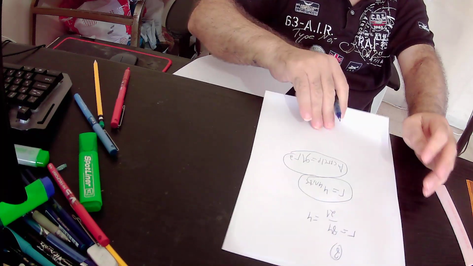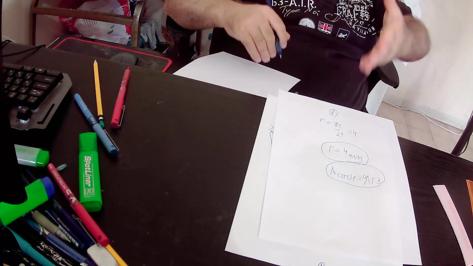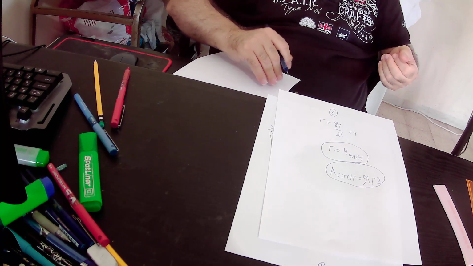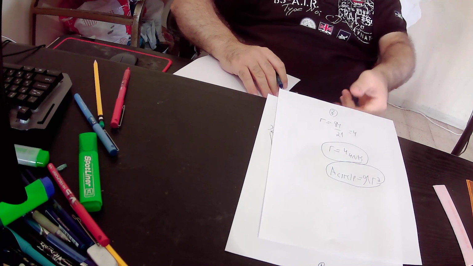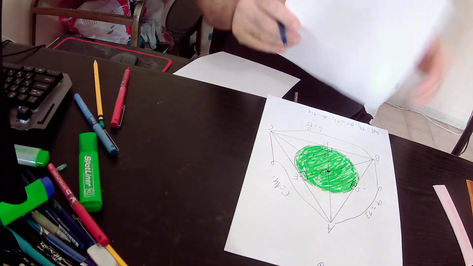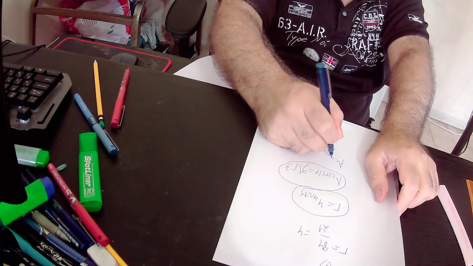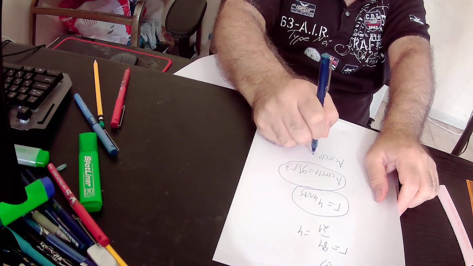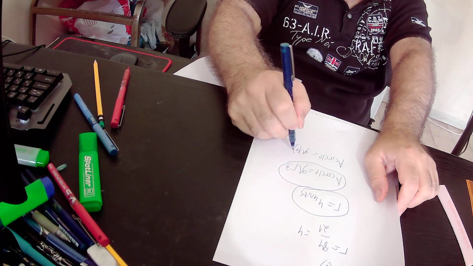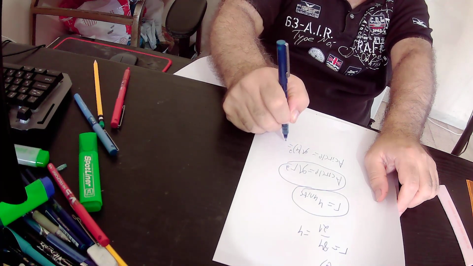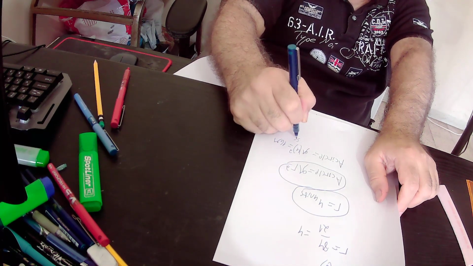We know that r equals 4 units, so we can substitute r by 4, and we will get that the area of the green circle equals pi times 4 squared, which equals 16 pi square units.